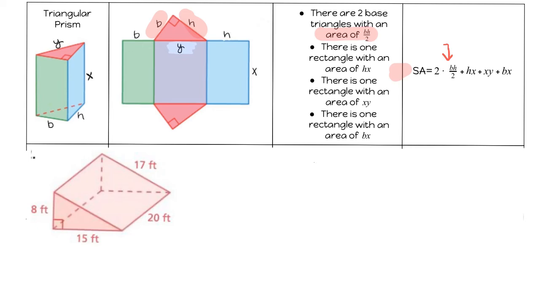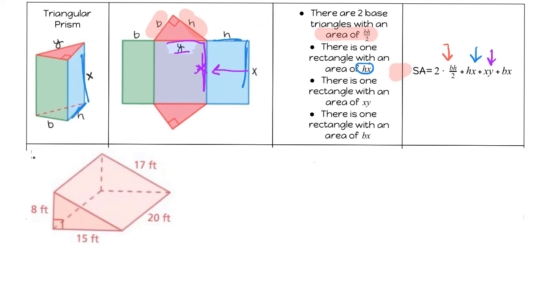Then in this blue one, we have a rectangle that's h by x. We have 1 of those. In the middle, we have a purplish rectangle. My x measurement comes over here, and it's my y times my x, so x times y.